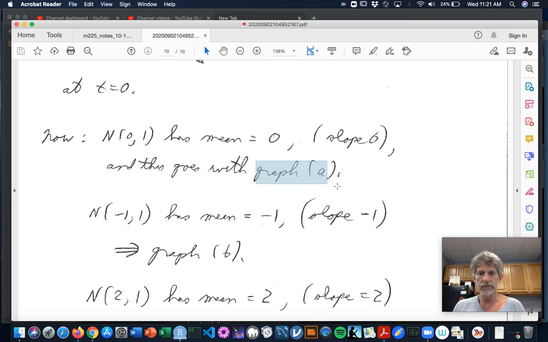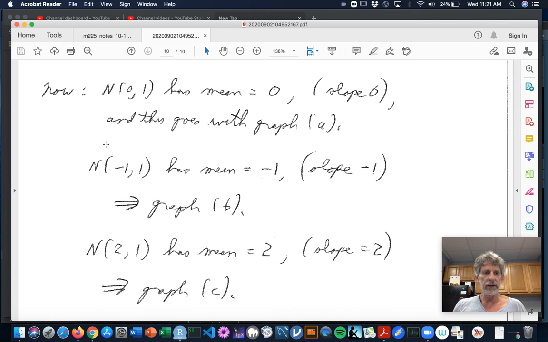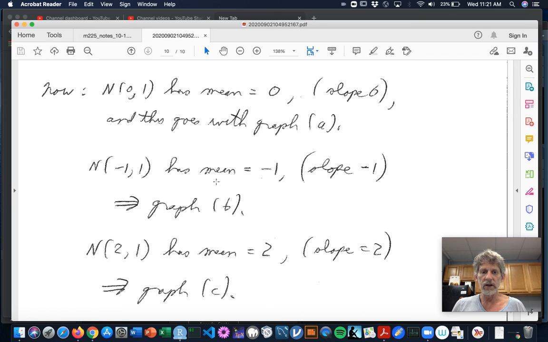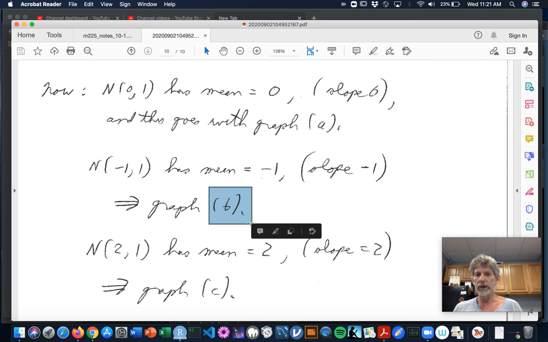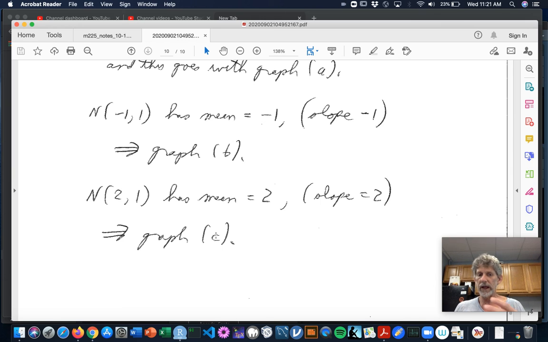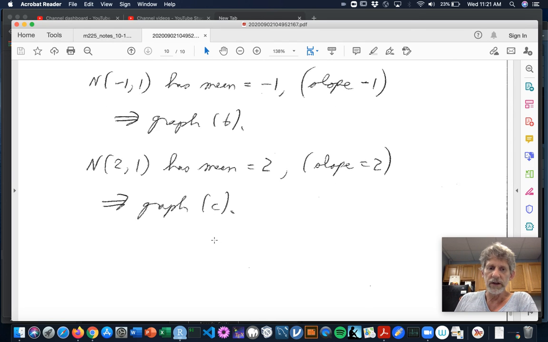It's graph A. And this other normal random variable has a mean of -1, so you look for a graph that has a slope of -1 at 0. So you pick out graph B because its slope at that point was negative. Whereas this one with the mean of 2 goes with the one that has positive slope, graph C. It's the only choice left. So that's the most insightful solution.